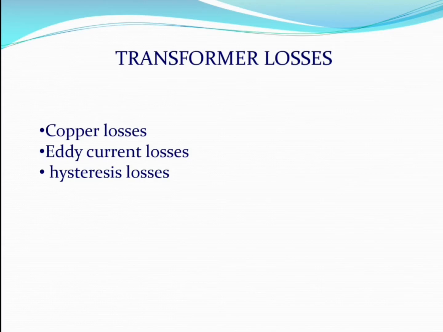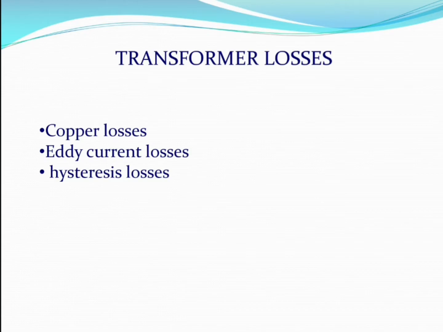These copper wires offer a resistance, and the resistance of these wires will lead to copper losses. A thicker wire has less resistance compared to thin wire. So if you are using a thicker wire, the amount of copper loss can be reduced. Because of this, we are using thick copper wire as a primary coil.